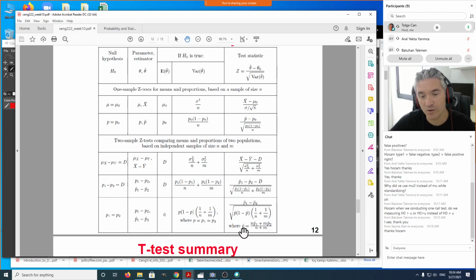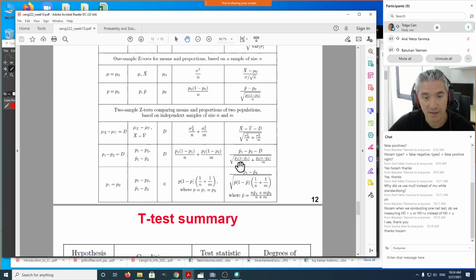This ratio for the whole set is going to be your estimated pooled proportion, assuming that the null hypothesis is true, of course, and this will be your standard error. All of these values you compute on the right-hand side will be standard z values.